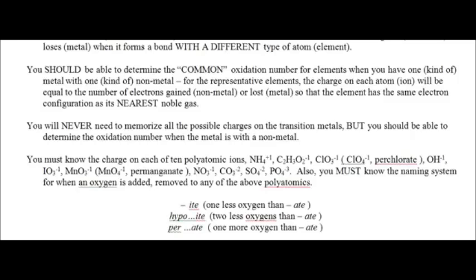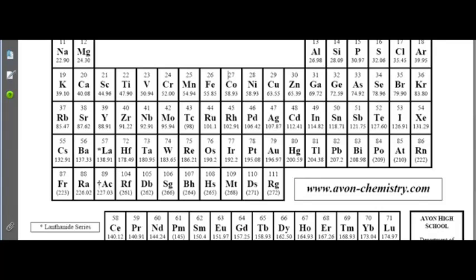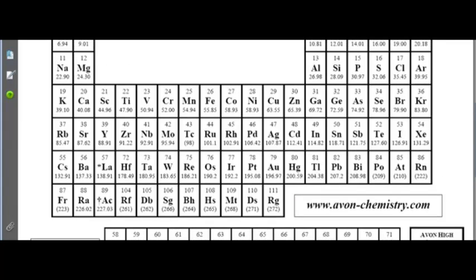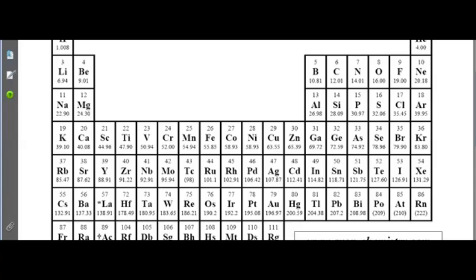When we look at the d orbital elements, you don't have to know what the charge is. In other words, you don't have to memorize that. Lead over here, not necessarily a d orbital element, has either a +2 or +4 charge. That's a multiple charge metal.